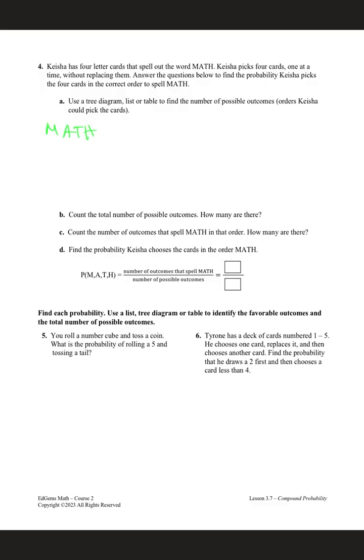And then, like I say, I like to stay pretty organized. So I'm going to say, what are my other letter combinations? So M, A, H, T. What's my other letter combination?